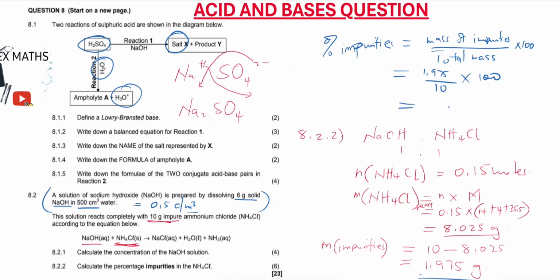This is going to give us 19.75%. If it was percentage purity, we're going to use this mass, which is 8.025 over the total mass. That will be the percentage purity. But in this case, the question has asked us to calculate percentage impurity.